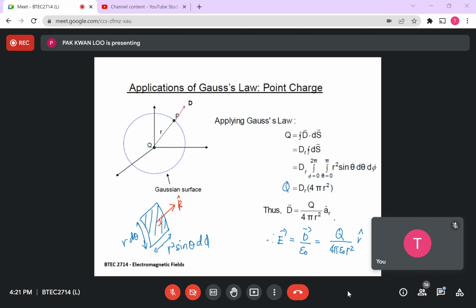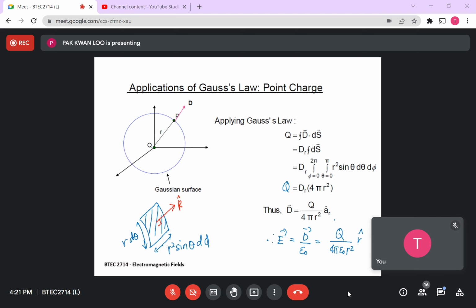Okay, so come back again. I want to point out a bit on the symmetrical point of view of how we choose the Gaussian surface. In typical examples of how we choose the Gaussian surface, there are only three typical geometric structures that we learn: spherical, cylindrical, and flat surface.